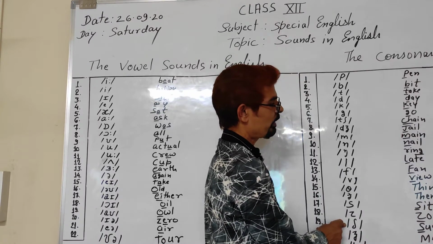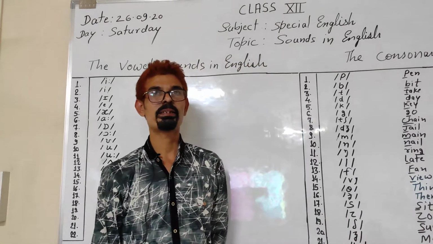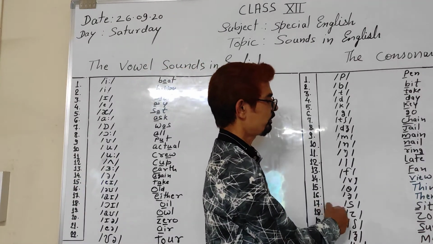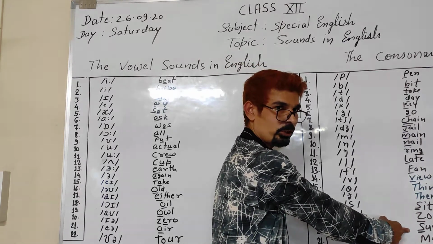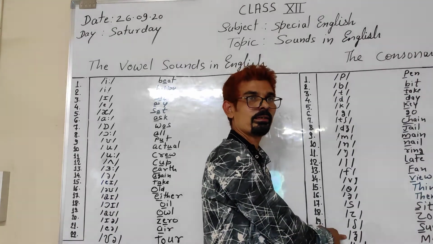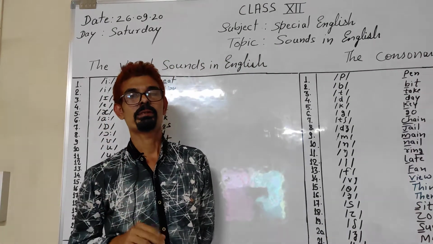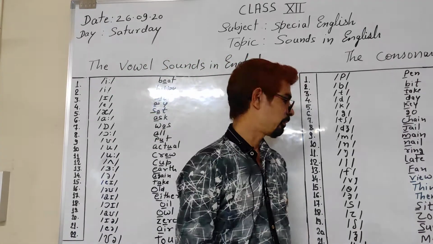This is the symbol of Shashakar. In Hindi, if we say Shashakar, it is the sound of sh, sugar. There is a sound of z with a dot below z, and it is pronounced z, measure.